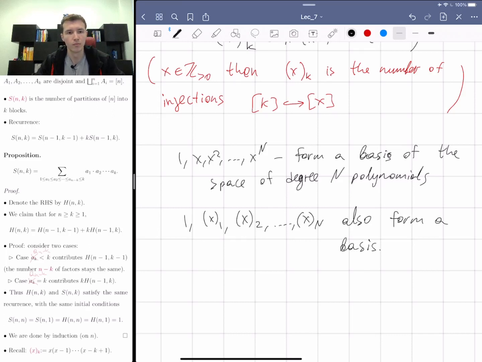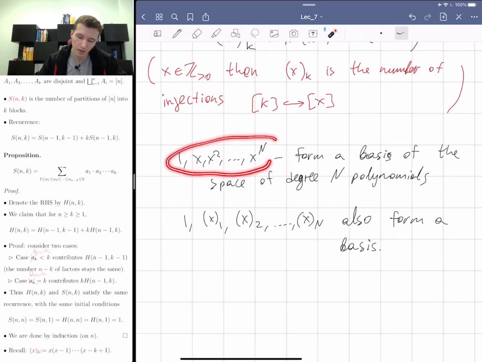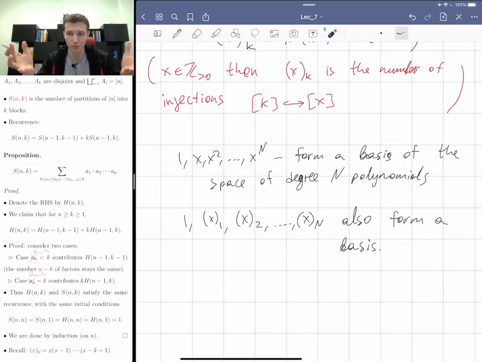So you just think of a vector space. You have one basis, and then you have another basis, which I haven't even explained why it is a basis, but it turns out to be one, as I'm now going to explain. The claim is that whenever you have two bases, you can form a transform matrix. You can express the elements of one basis in terms of the elements of the other, and vice versa.